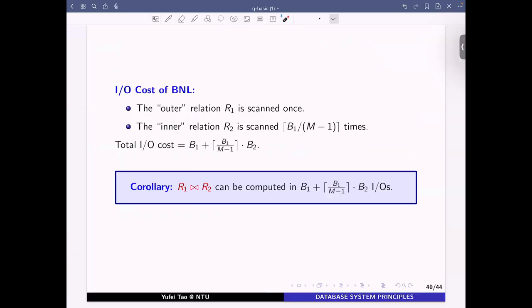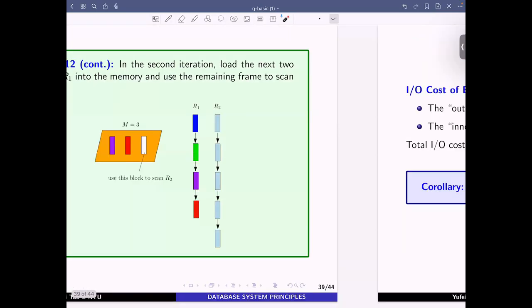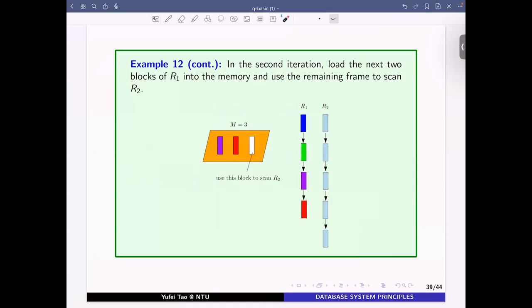And now let's calculate the total I/O cost, okay? So if you look at my example here, if I ask you in the entire algorithm, how many times have you scanned R1? How many times have you scanned R2? Well, for R1, the answer is quite interesting. Every block of R1 has been read only once.